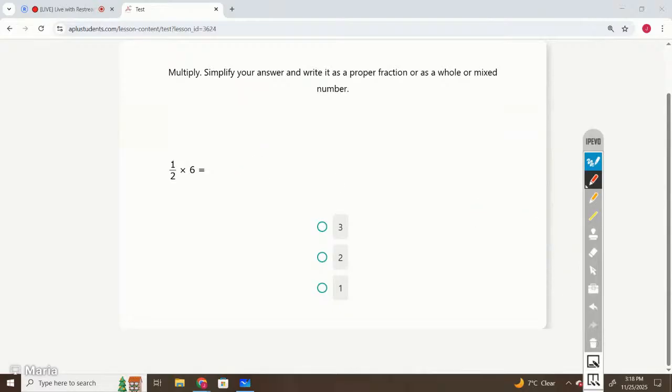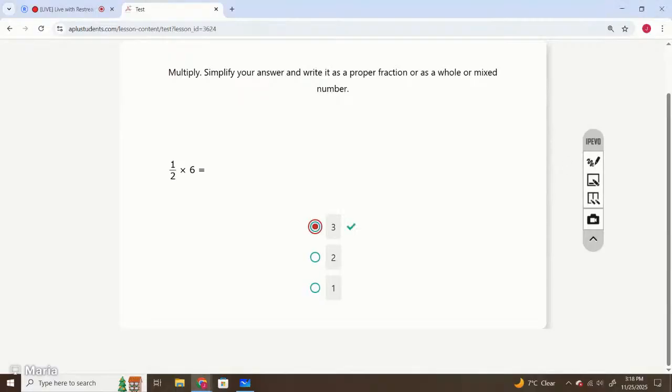Now we need to count a table of 2 until 6. So 2 times what number is 6? That is 2 times 3 is 6, right? The correct option is 3. Option number 1 is the correct option.